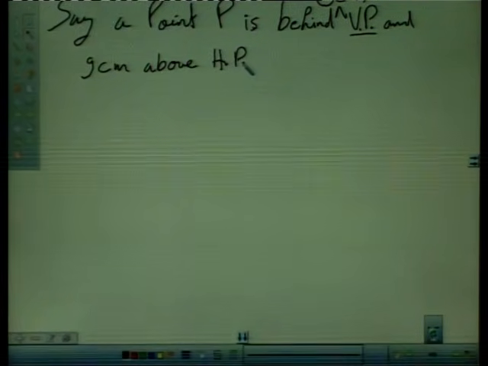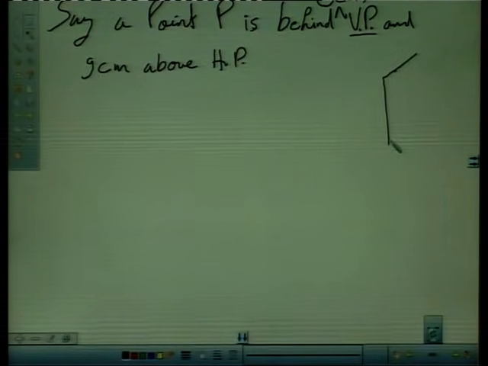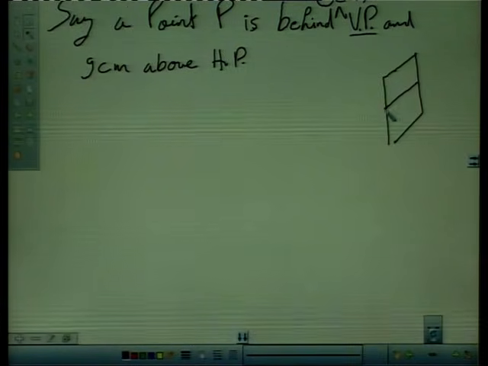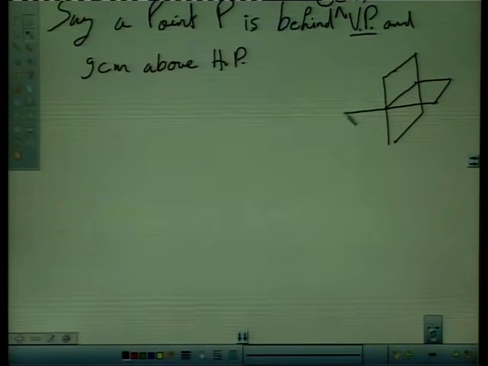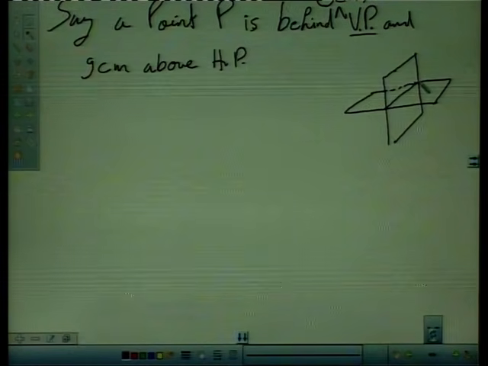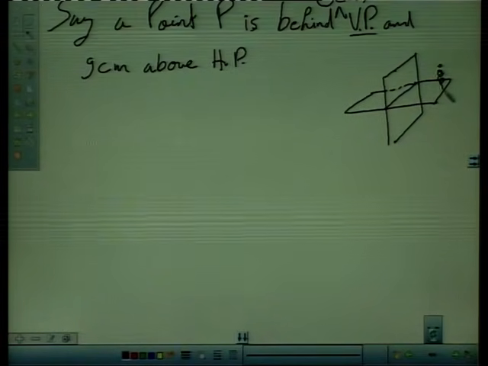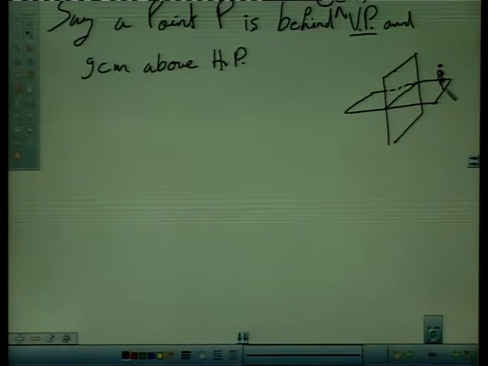So, from the statement we can make a rough 3D drawing of quadrants. So, these are 4 quadrants 1, 2, 3, 4. Always imagine yourself standing here in first quadrant and start reading the statement. Point P is behind vertical plane. So this is vertical plane. If it is behind, it will go to second quadrant here.